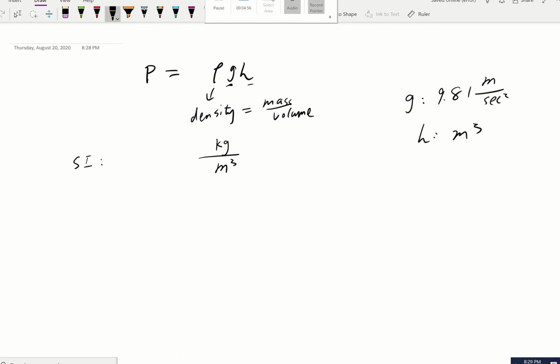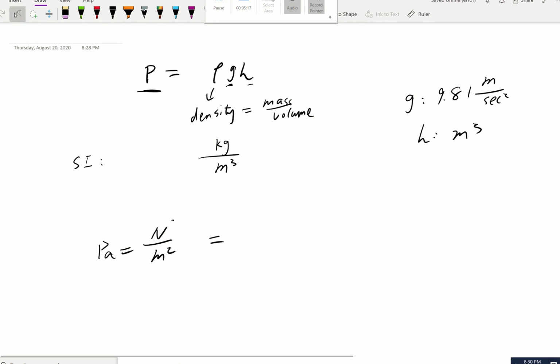Now, what we're going to do is find out if this equation satisfies dimensional homogeneity. We know the left-hand side, pressure in the SI system, is Newton per square meter, or Pascal for short.